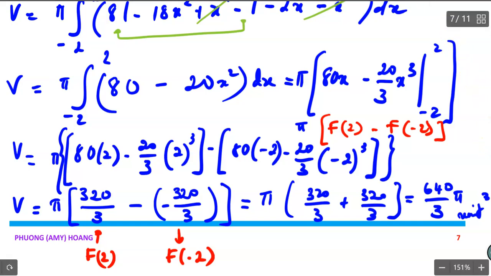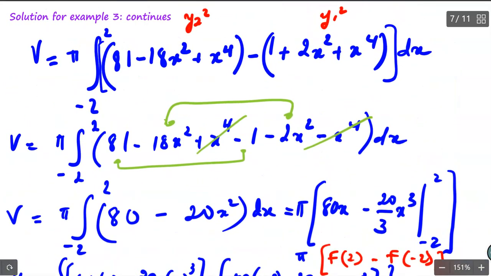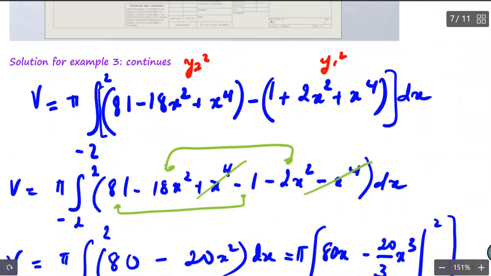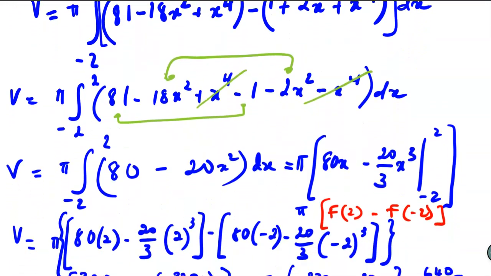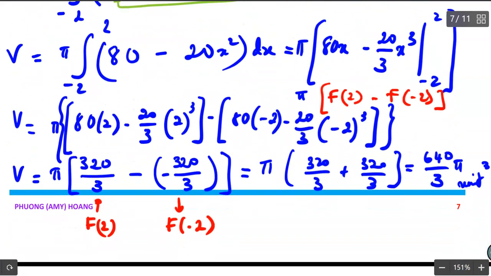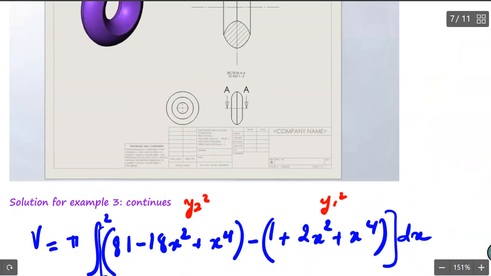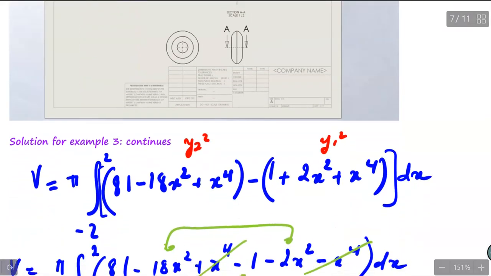Let's double check our work. I think the integration should be simple because we have done this so many times already. We just want to make sure all the algebra is correct. Using the washer method, it's very simple.